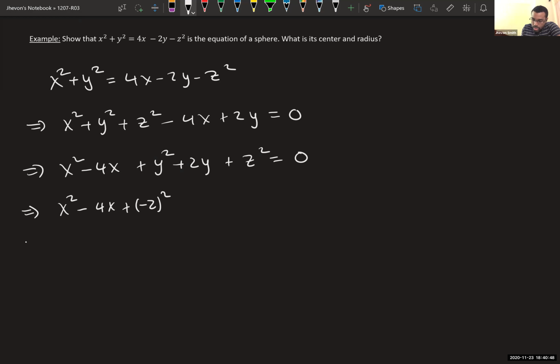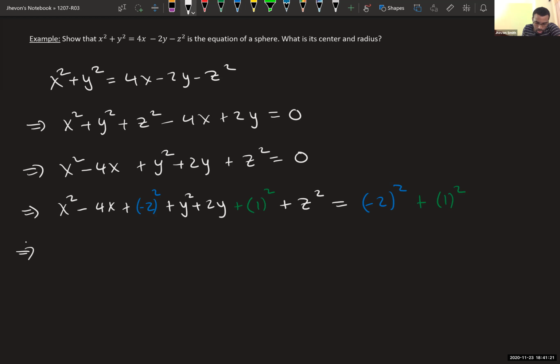At this point, you can add this to both sides. So I want to add something to the x part to make it a complete square. I want to add something to the y part to make it a complete square. What is the thing I need for the x? Half the coefficient of x, squared. Add that to both sides. What is the thing I need for the y? Half the coefficient of y, squared. Add that to both sides.